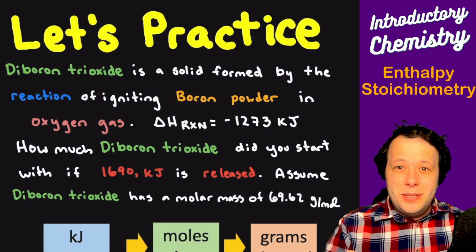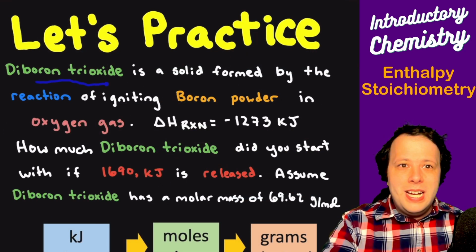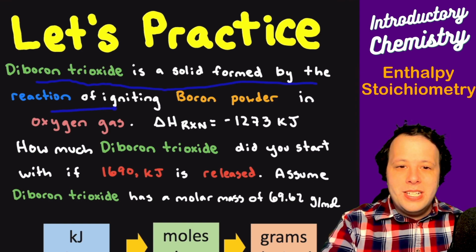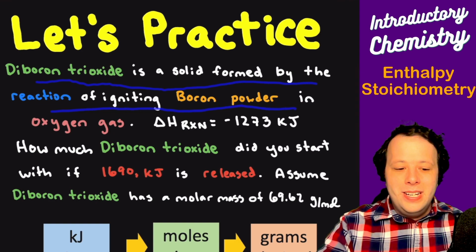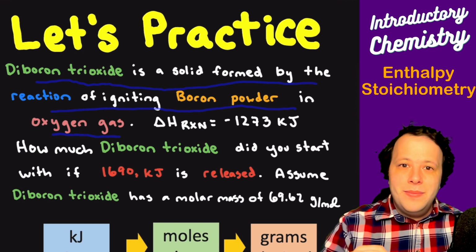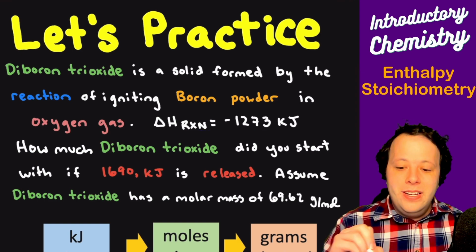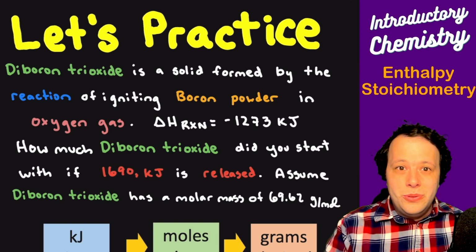Let's practice this problem. What we have is diboron trioxide, which is a solid formed by the reaction of igniting boron powder in oxygen gas. It also tells you that we have a delta H reaction of negative 1273 kilojoules.